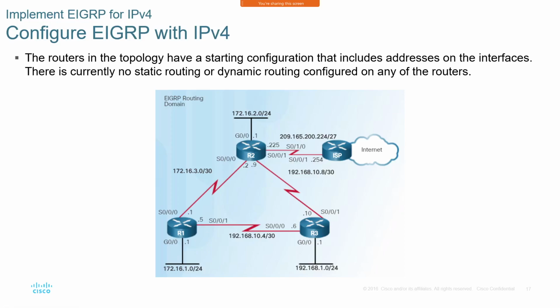Pop quiz question before we get started with this. Can anyone tell me about the networks that router 2 knows about? Can you type the answer in the chat? What are the networks that router 2 knows by default? Once we configure the interfaces on router 2 with an IP address, what are the networks that router 2 will know about? What are the networks that I'll be able to see in the routing table of router 2?